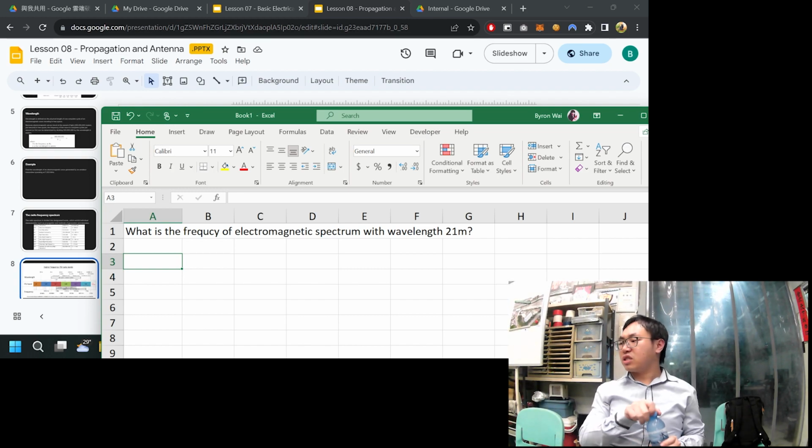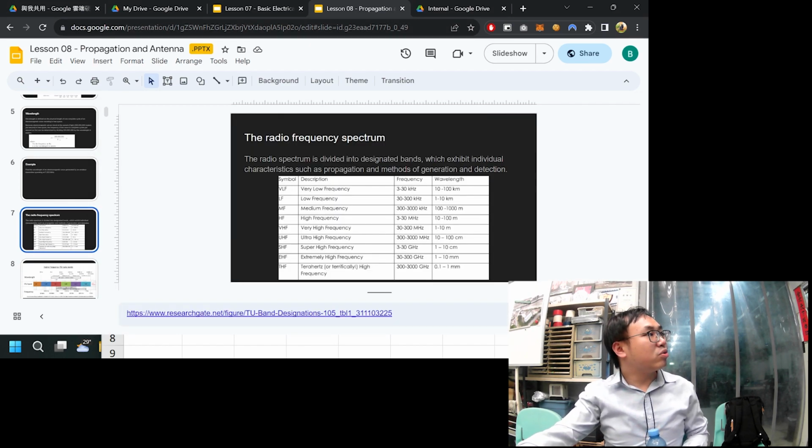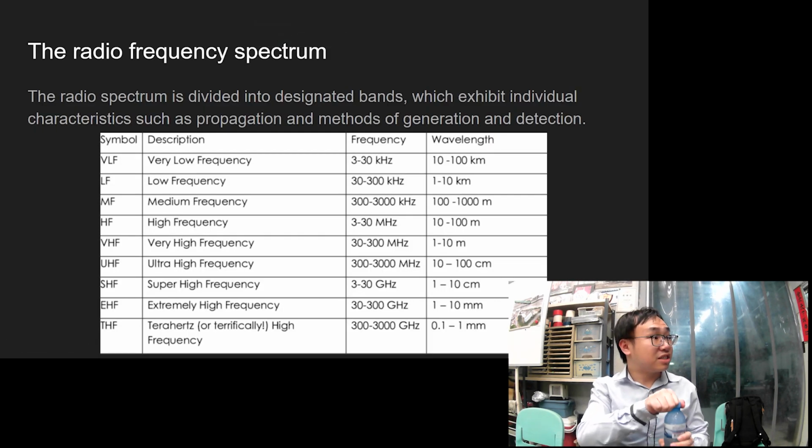I can give you a hint: it's usually used in HF, so you can refer to here, HF. I have given you a hint already, saying that the band should lie here. How to calculate it? 21 meter band.